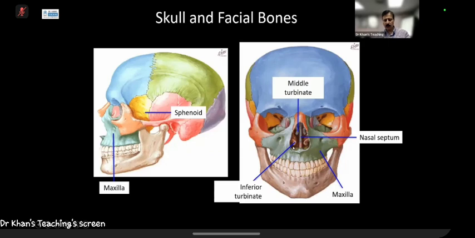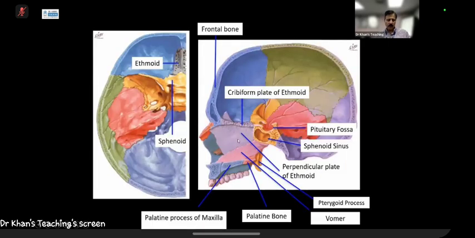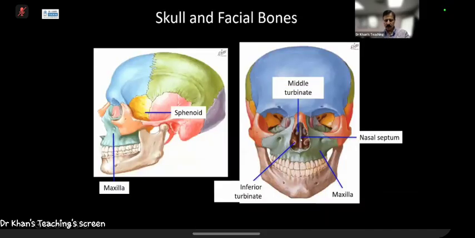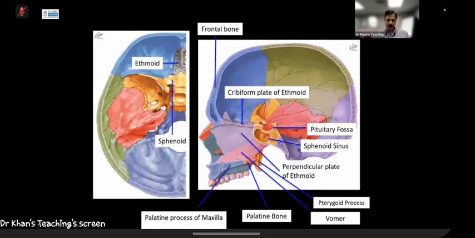So if you see the midline bony anatomy, the septum, which was this bony septum, can be seen here. And 3 bones actually contribute in making this bony component of the nasal septum. These include the ethmoid bone, this is the perpendicular plate of the ethmoid.